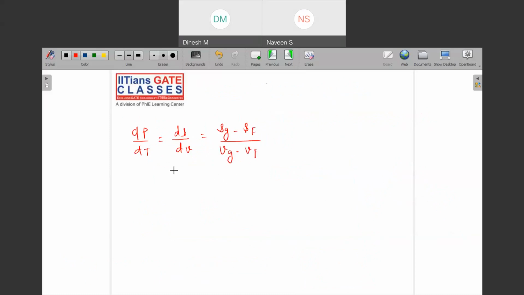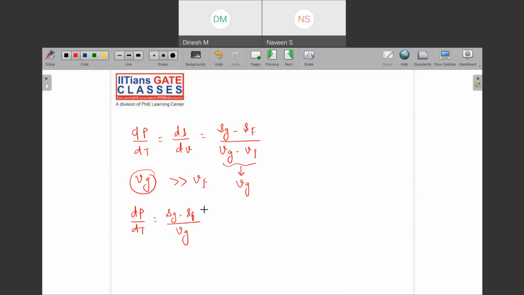In the gas phase the specific volume is very high compared to the volume in the fluid region, so this difference is equivalent to Vg. Now the equation is dP upon dT is equal to Sg minus Sf upon Vg.